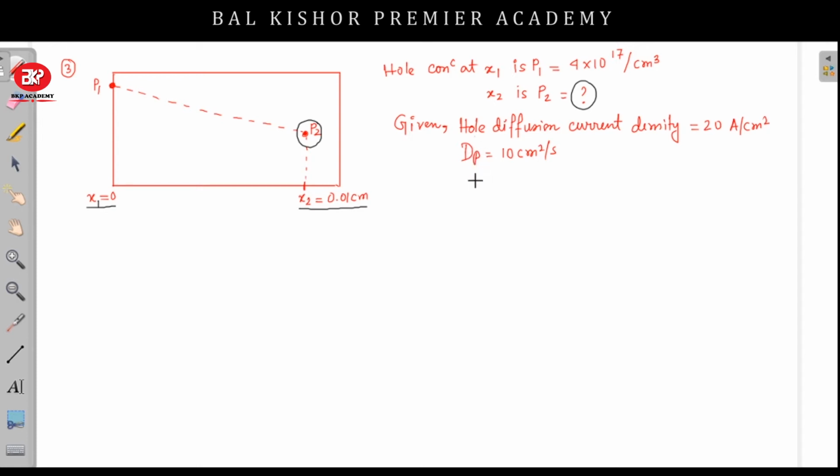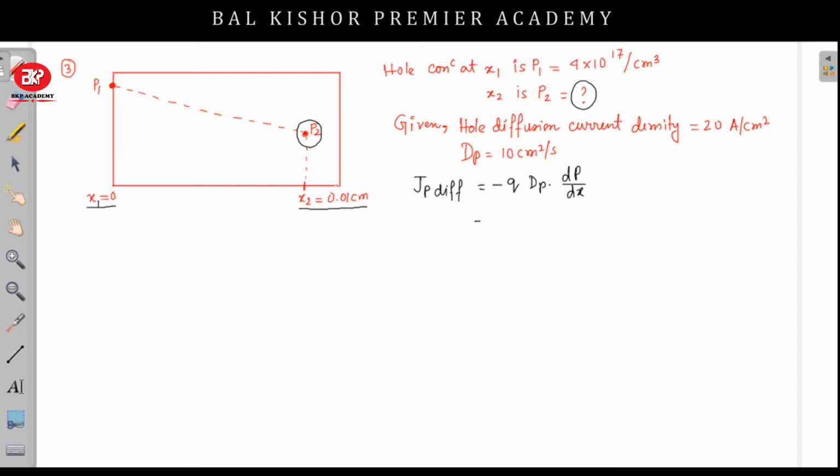So for this case you can see we know the current density equation Jp for diffusion current will be equals to minus q into Dp and dp by dx.